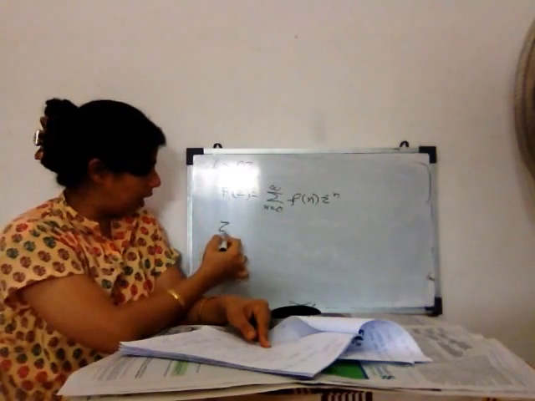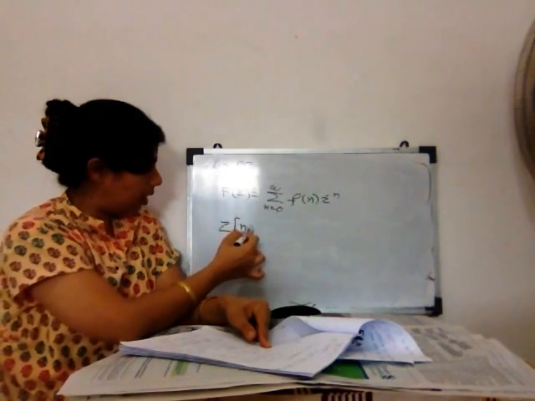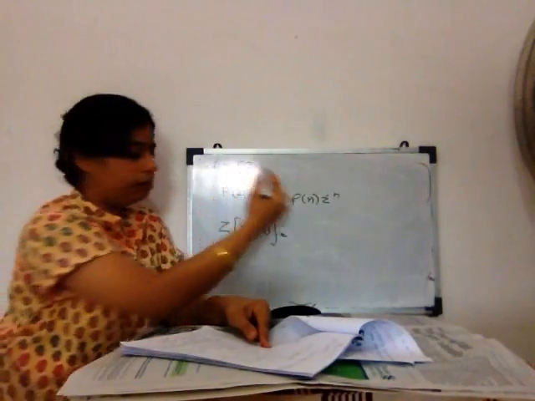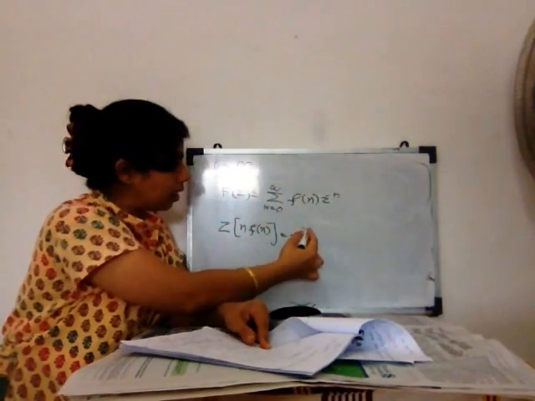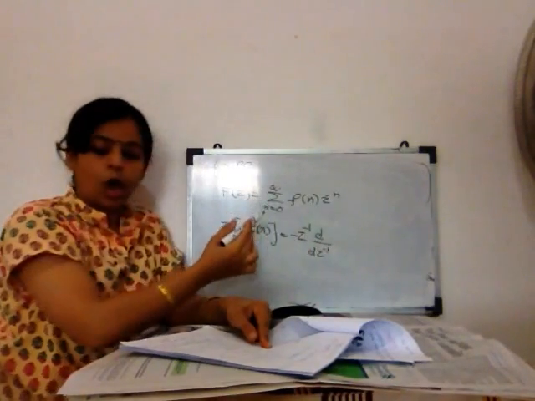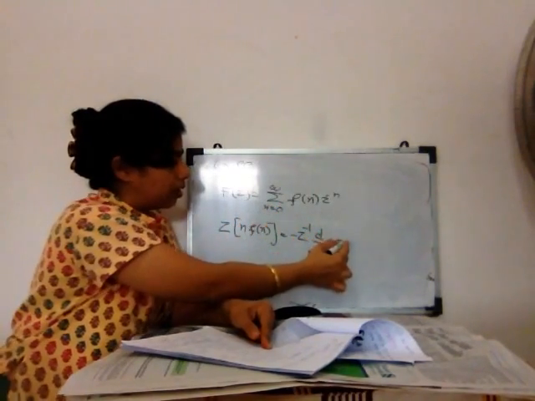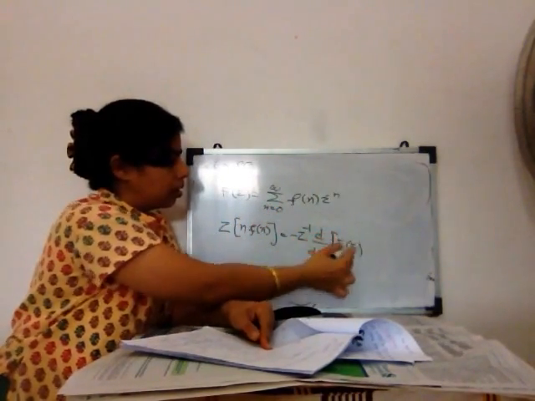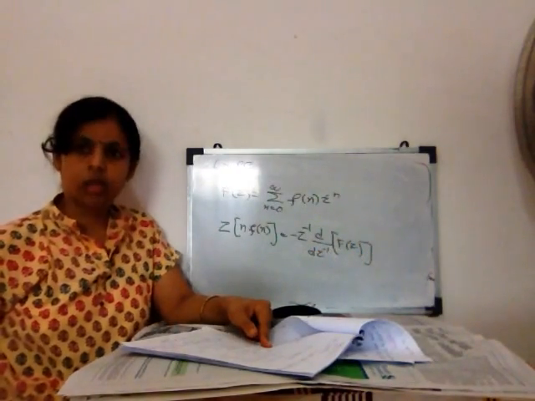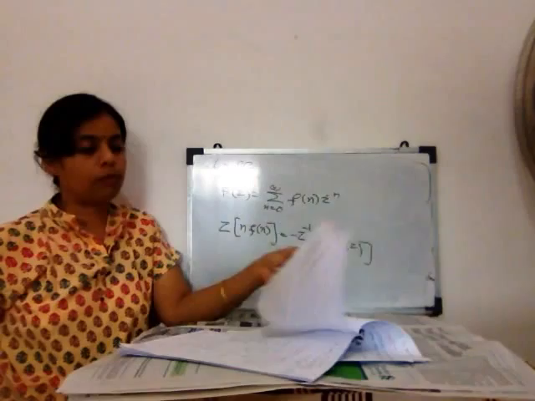So the Z transform of n f(n), you can see the proof, is given by minus z d upon dz of F(z). Clear? So this is the differentiation of the Z transform.